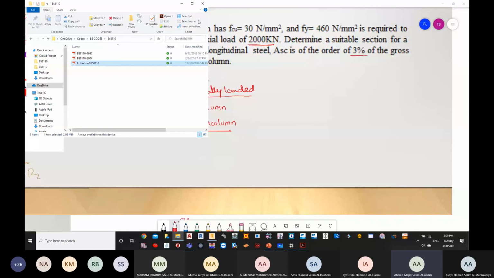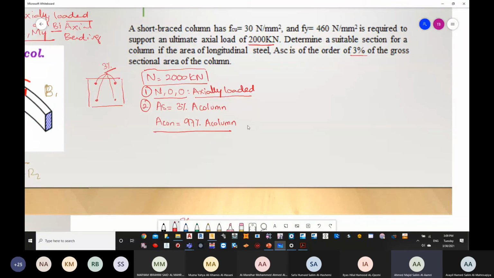So we return back to our question, where N is equal to 0.4 fcu area of concrete plus 0.8 fy area of steel. Now you can see whatever loading can be taken by the column should represent the equilibrium of whatever forces can be developed by the material.